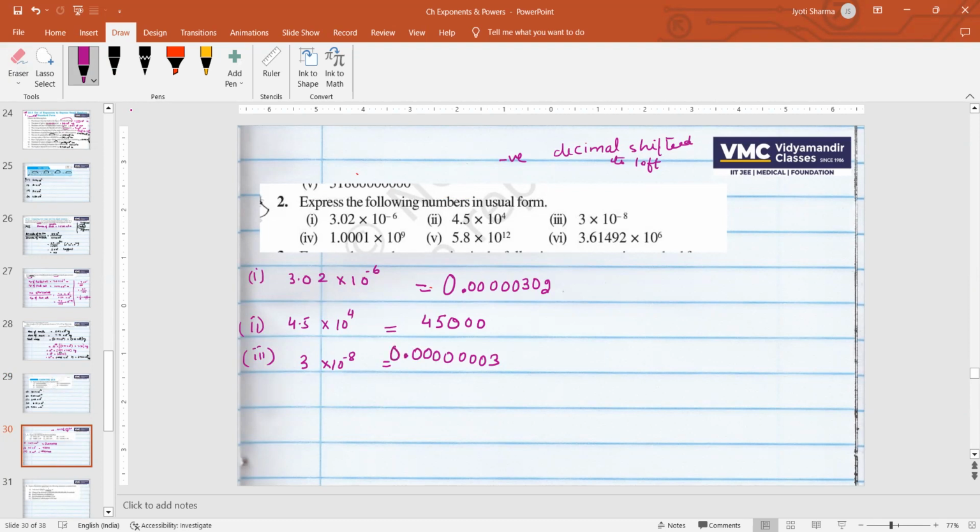There is nothing, so 0. Fourth part, decimal moves to the right by 9 places. 4 are these, and I have to place 5 more zeros.